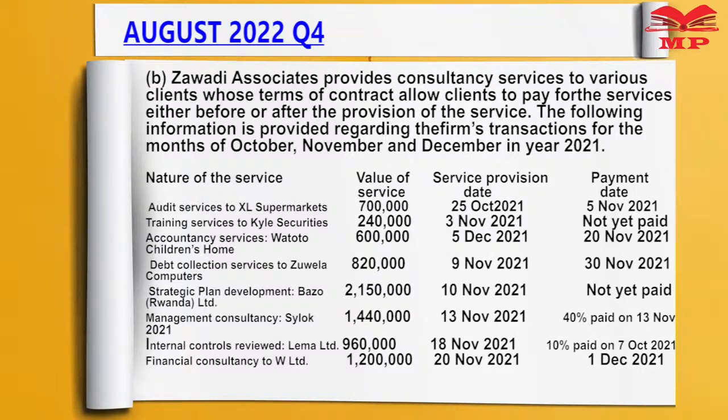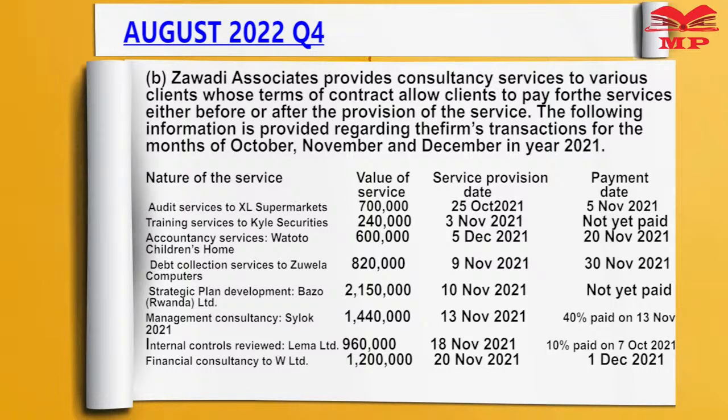Zawadi Associates provides consultancy services to various clients whose terms of contract allow clients to pay for the services either before or after the provision of the service. The following information is provided regarding the firm's transactions for the months of October, November, and December in the year 2021.